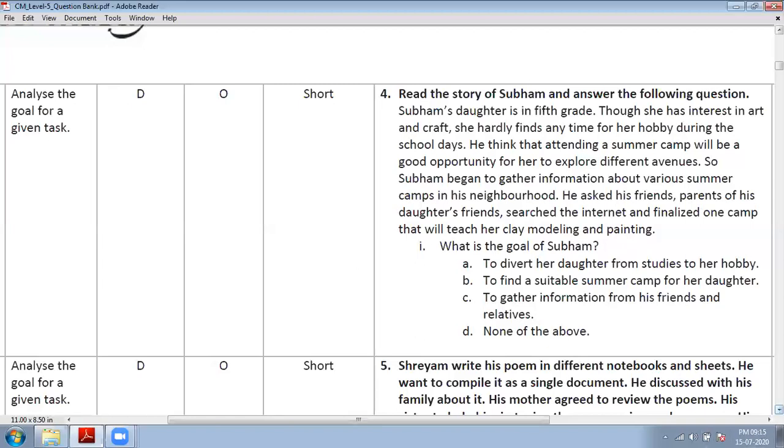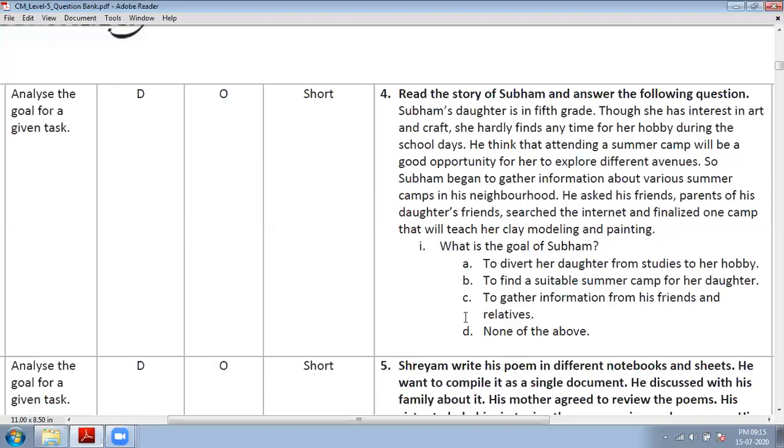Now this is the scenario given. You have to find out what the goal of Subham is. After studying this story, you have to find out what goal Subham wants to complete. Here four options are given, and you have to choose only one.